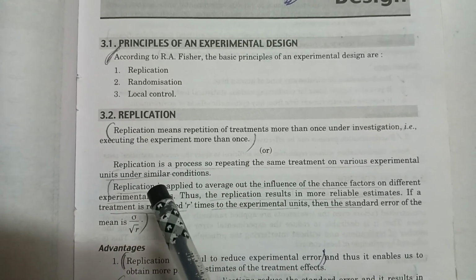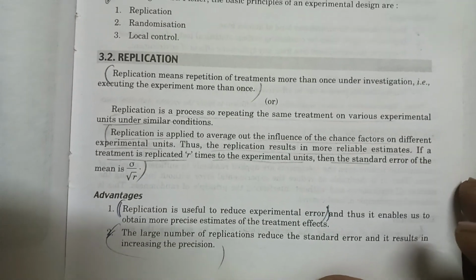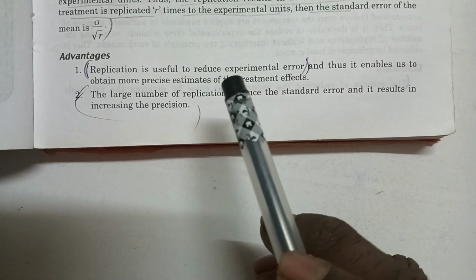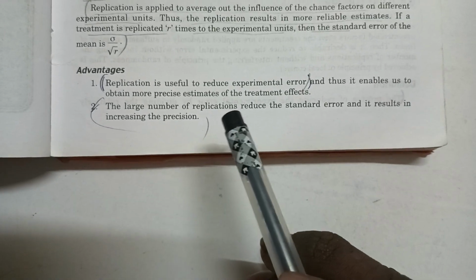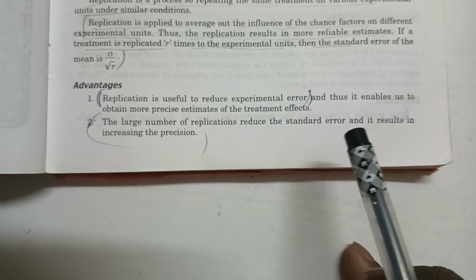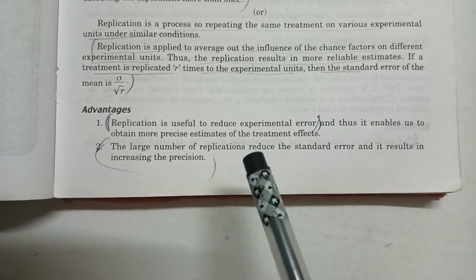Next, the advantages and disadvantages are also given here. So just look at the advantages of replication. Replication is useful to reduce the experimental error. A large number of replications reduces the standard error. It results in increasing precision.